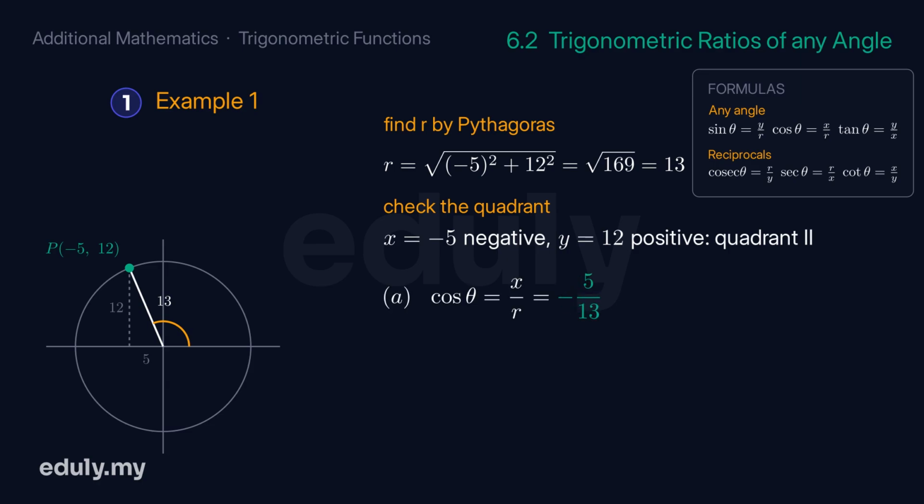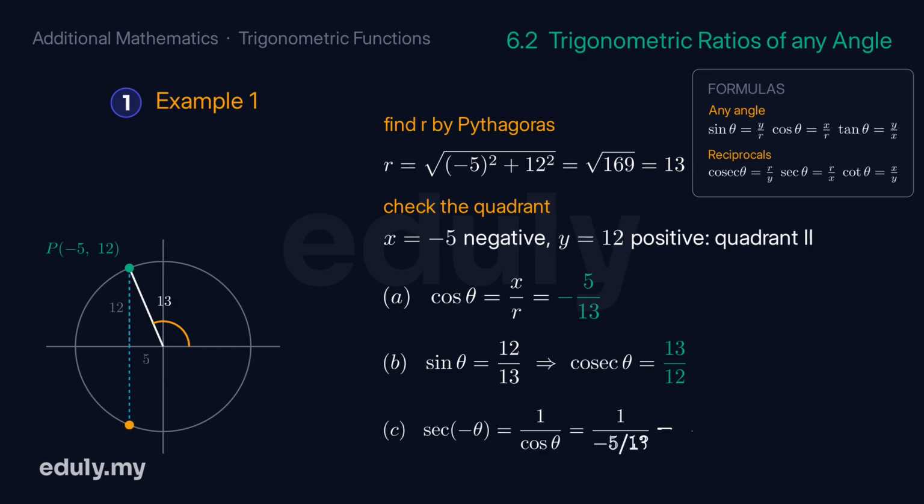Cosine is x over r, minus 5 over 13. Part B, sine is 12 over 13, so cosec is the flip, 13 over 12. Part C, minus theta reflects P downward, cosine unchanged. So sec of minus theta is 1 over cos theta, minus 13 over 5.